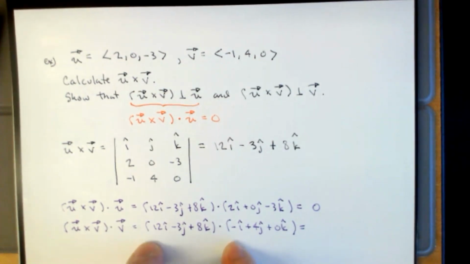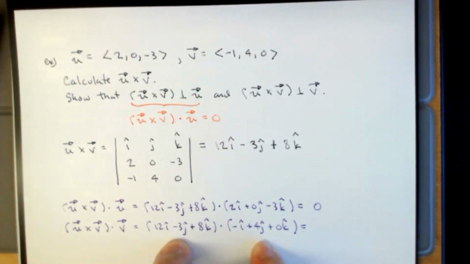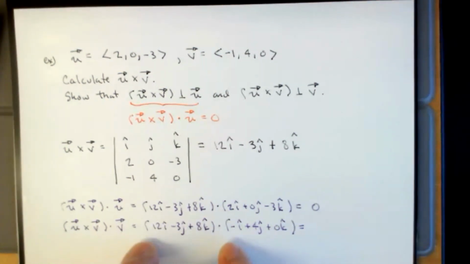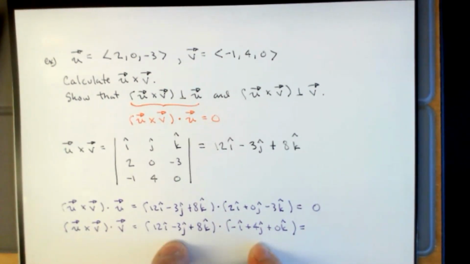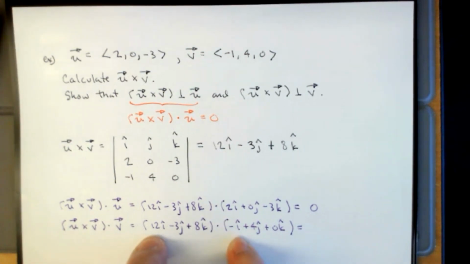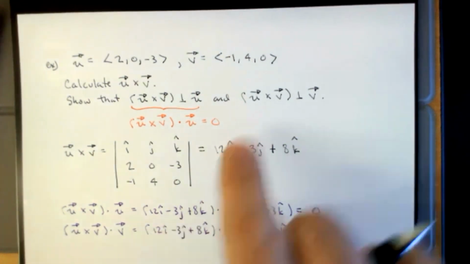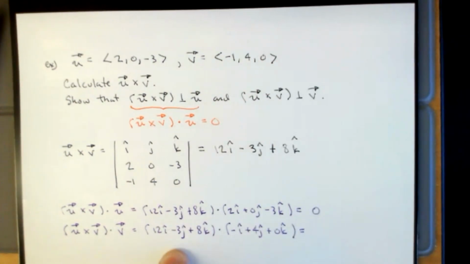Let's see. I'm getting negative again. What's going on? Negative 12, negative 1, 2, 3, 4, and 12.